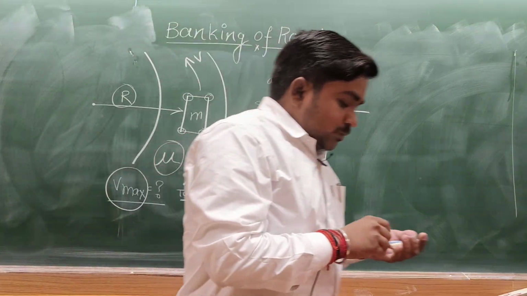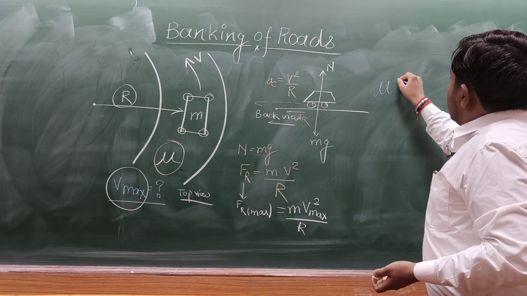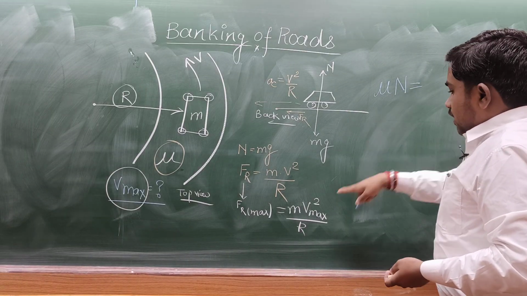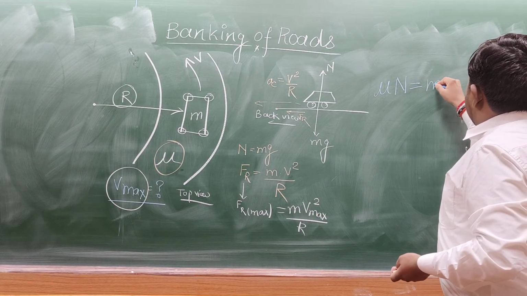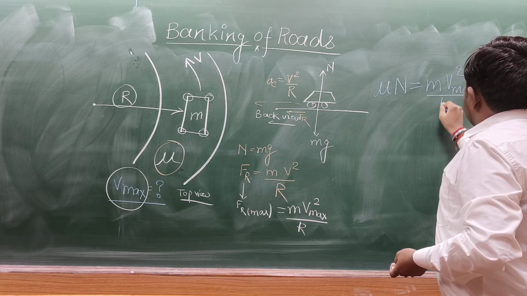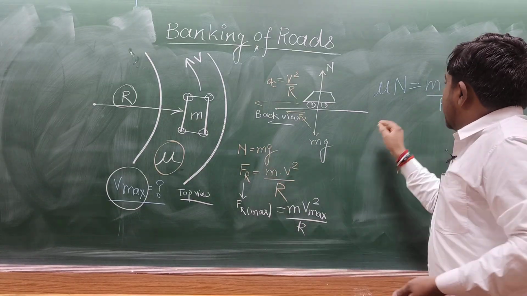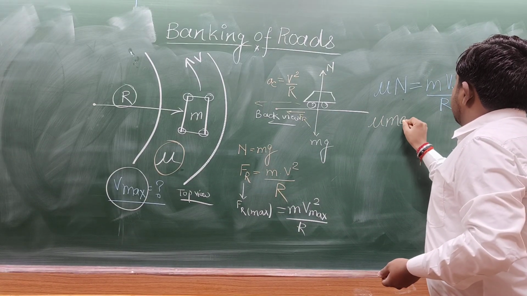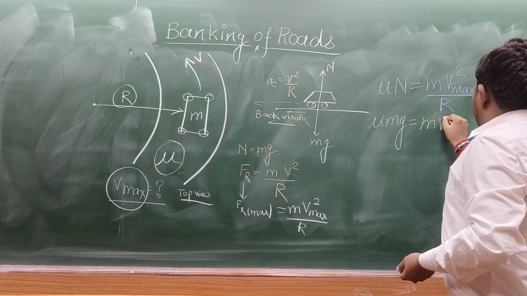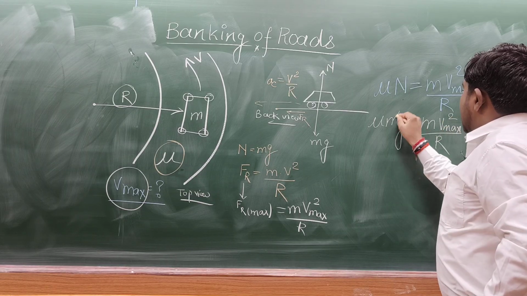Now what is the maximum value of static friction? It is coefficient of friction multiplied by the normal force, and we can write from here m Vmax square divided by r equals mu N. Now it is just mathematics. Substitute N is equal to mg, m Vmax square divided by r equals mu mg. m will cancel out.